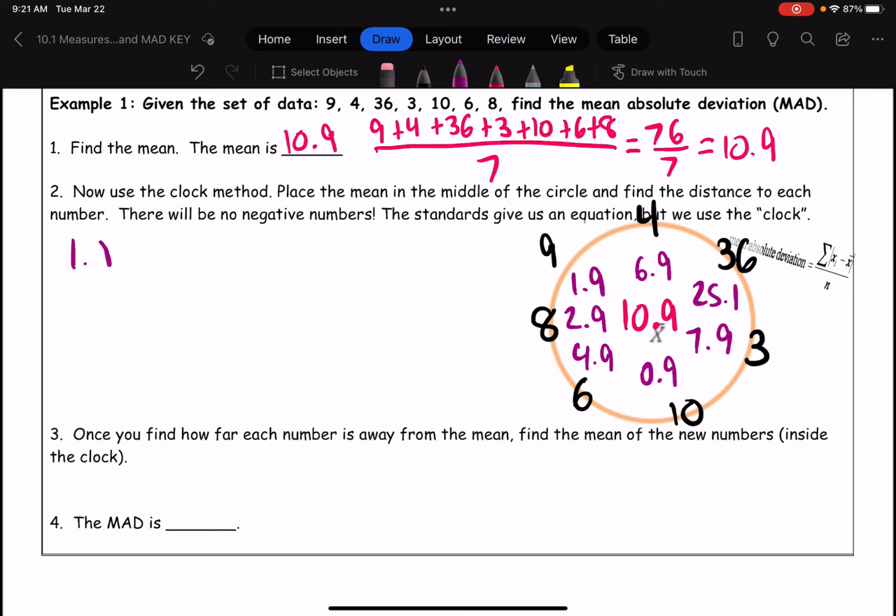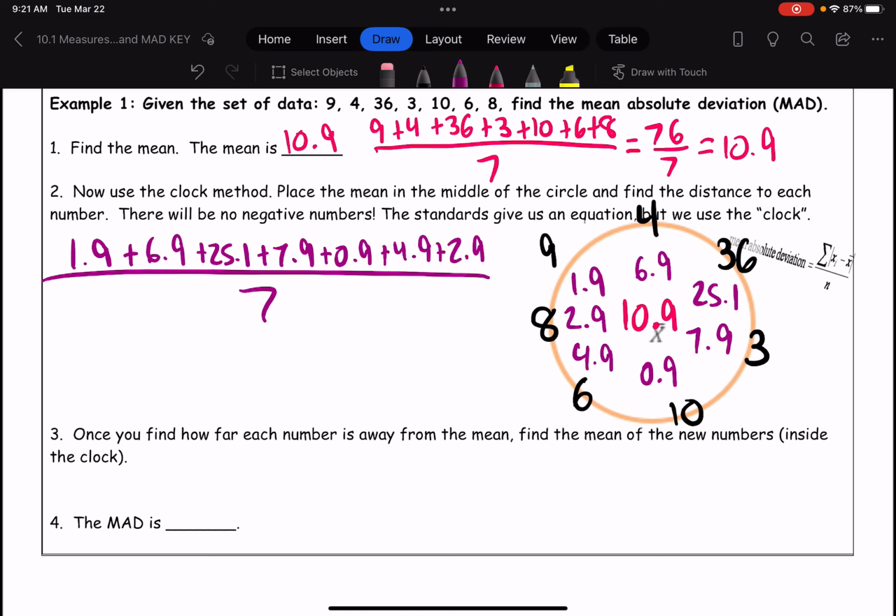So I'm going to say 1.9 plus 6.9 plus 25.1 plus 7.9 plus 0.9 plus 4.9 plus 2.9. So that's 1, 2, 3, 4, 5, 6, 7 distances, and divide it by 7. And this will give us our MAD.